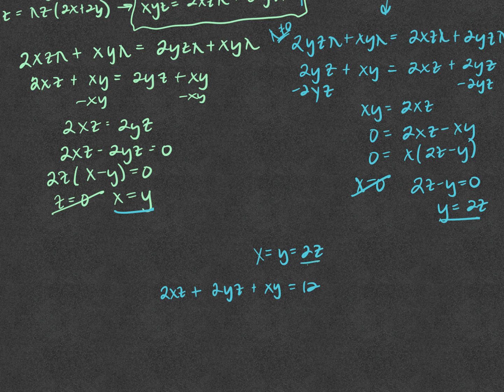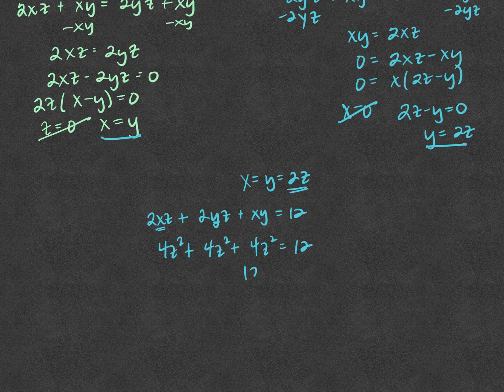So let's put 2z in for everything rather than dealing with fractions. So in place of x, I'm going to put 2z. So 2 times 2z times z makes 4z squared. Plus, in place of y, I'm going to put 2z. So again, I have 4z squared. Plus, x times y is 2z times 2z, which is 4z squared equals 12.